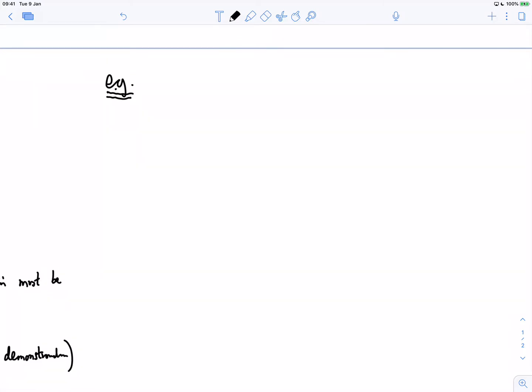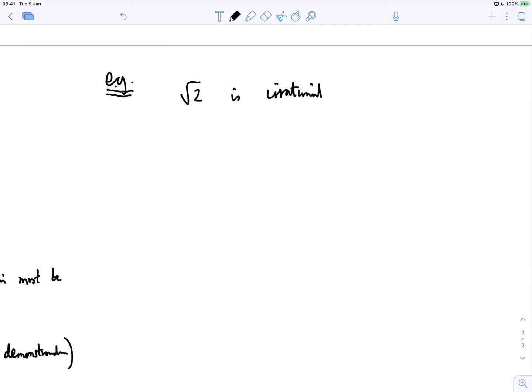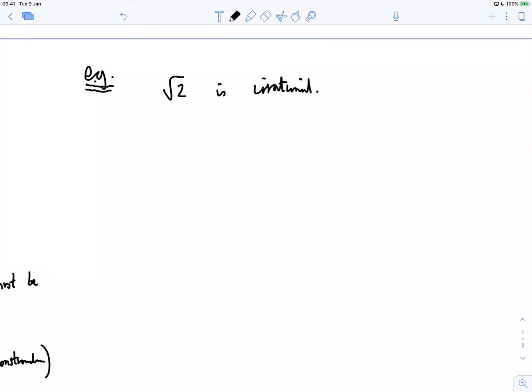So okay, what would potentially be an example of this? The classic bread and butter example would be the proof that root 2 is irrational. Okay, this is old chestnut stuff in mathematics. So if I wanted to prove that root 2 is irrational, then by contradiction, assume that root 2 is rational, because that's the opposite of being irrational.